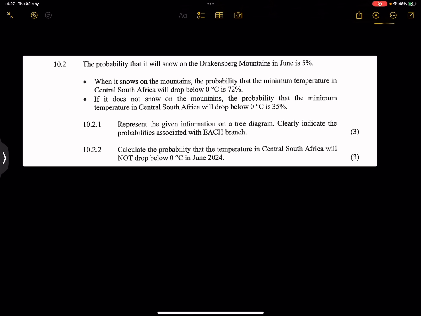And they said to us the probability that it will snow is 5%. So there are two possibilities here. First of all, the possibilities of snow, and the outcome of the snow will determine the temperature in South Africa.